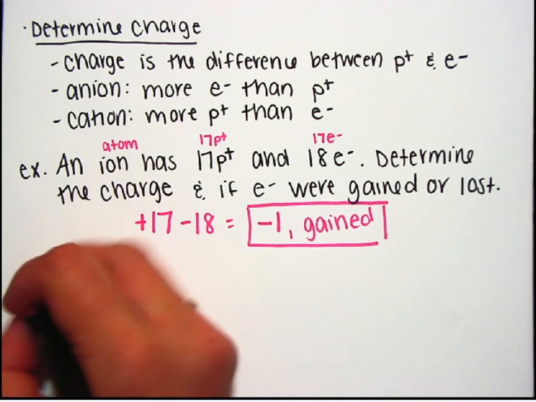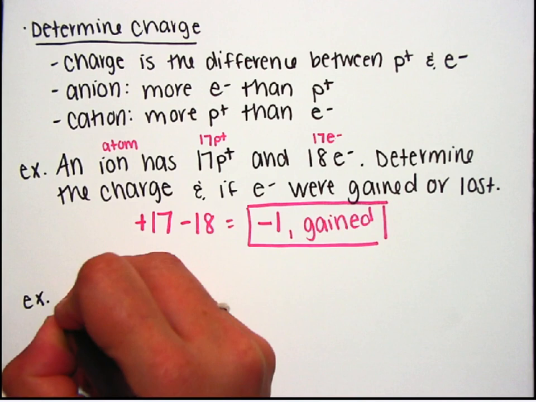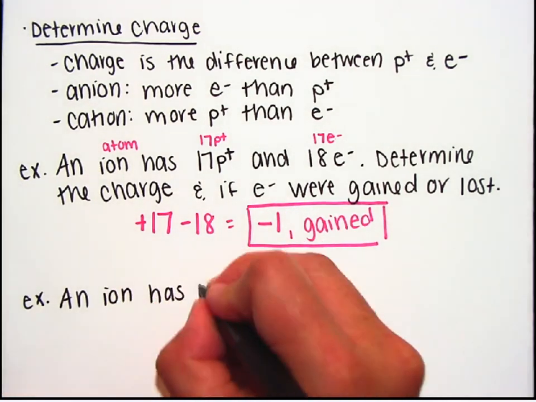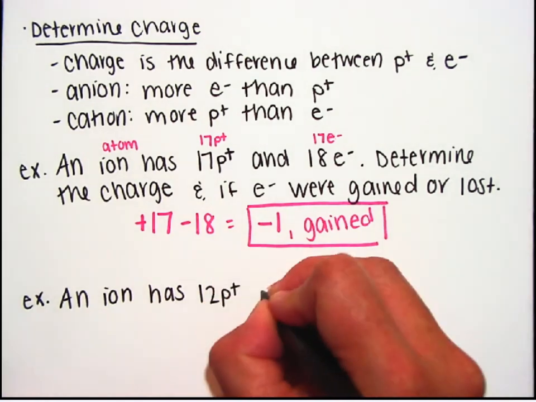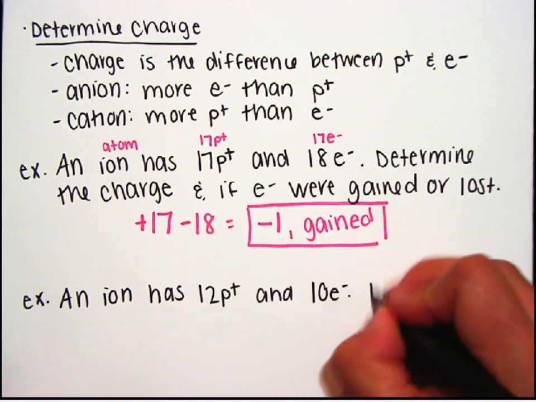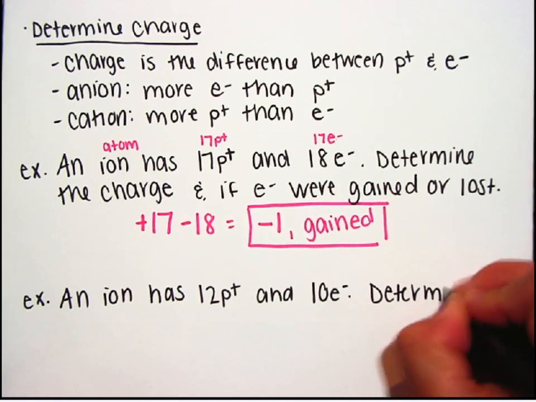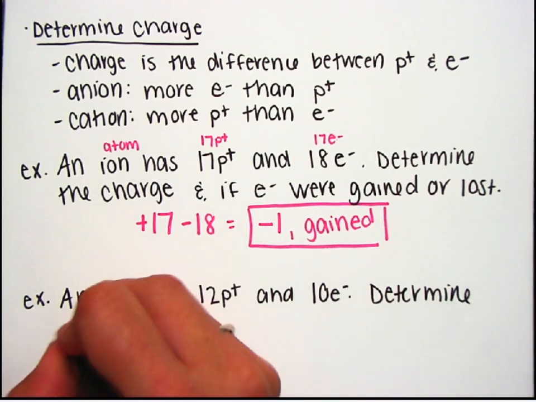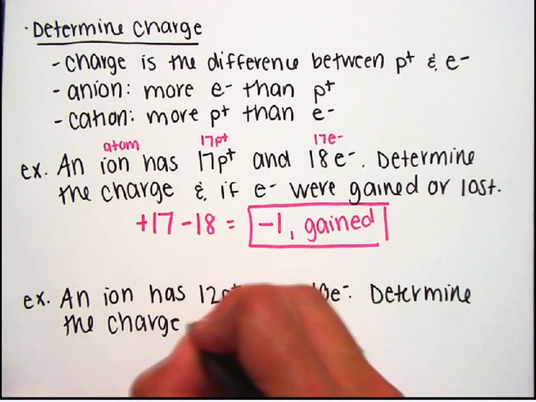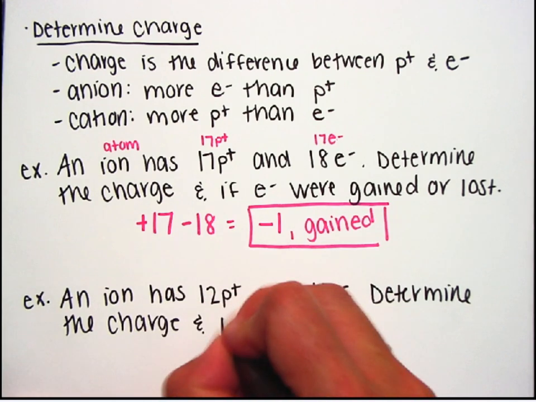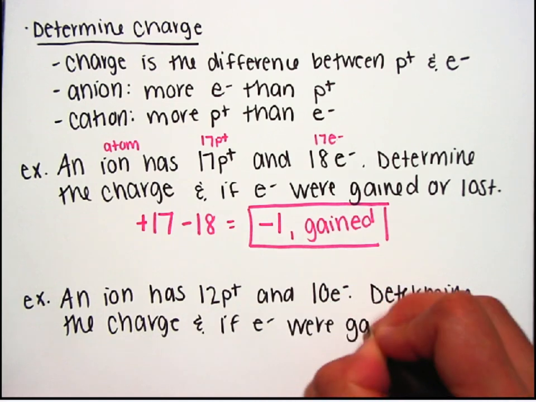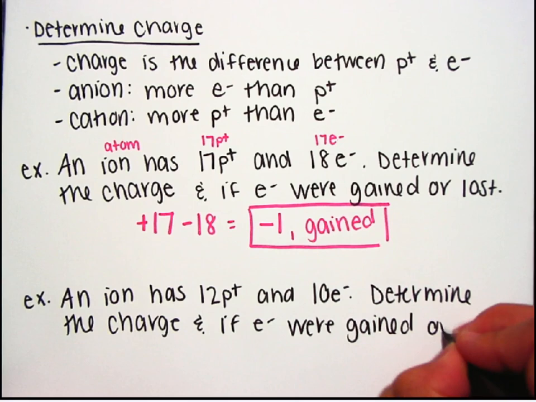Let's try another. An ion has 12 protons and 10 electrons. Determine the charge and if electrons were gained or lost.